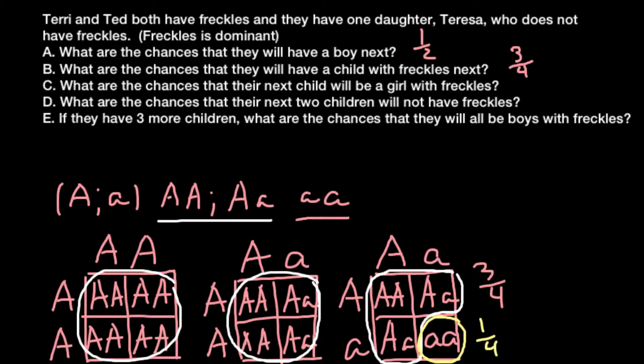This time we first have to find the probability that the next child would be a girl, and that probability is 50%. And what is the probability that the child would have freckles? This is not a sex-linked trait, so no matter whether they have a boy or a girl, this child would have 75% chances to have freckles.